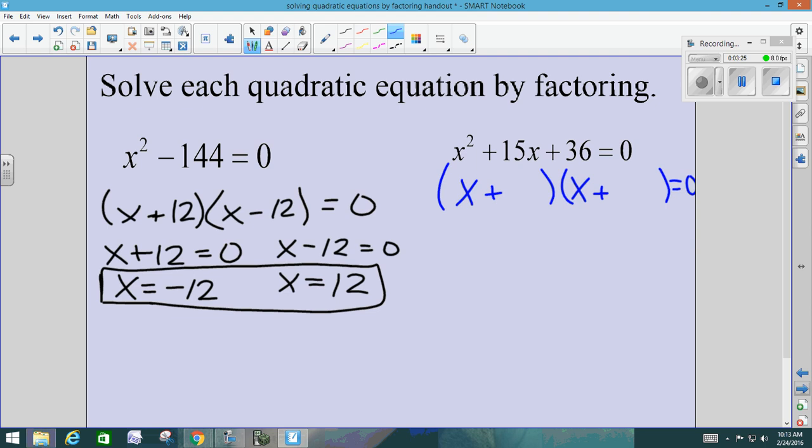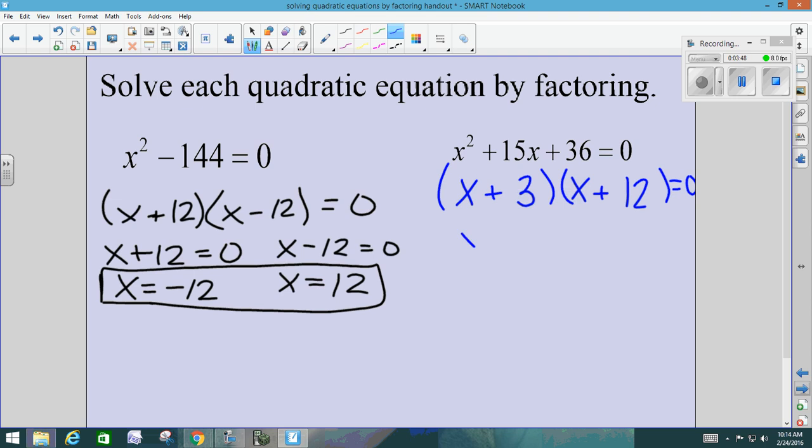Dawson? Numbers that multiply to 36 but will add up to 15. Good, 3 and 12. 3 times 12 is 36. 3 plus 12 gives me 15.